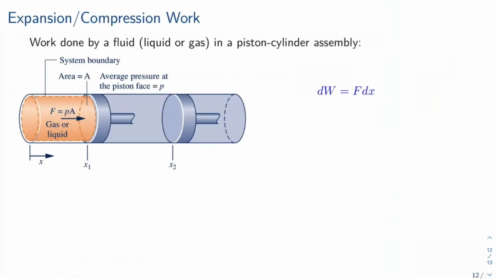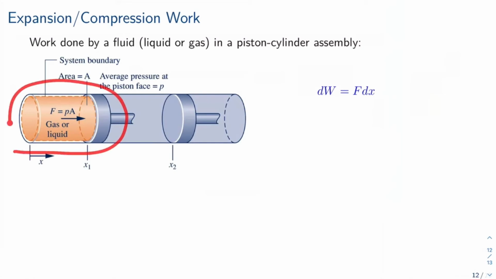Now, the fourth and probably most important case for this class is the work done by a fluid, which can be expansion and compression work. Now let's suppose that we have a cylinder.